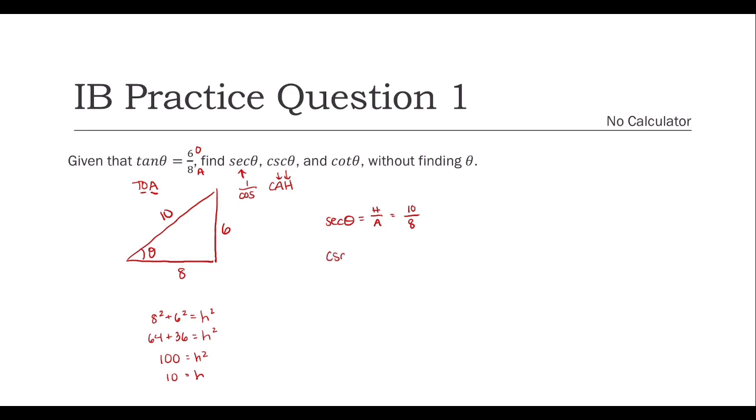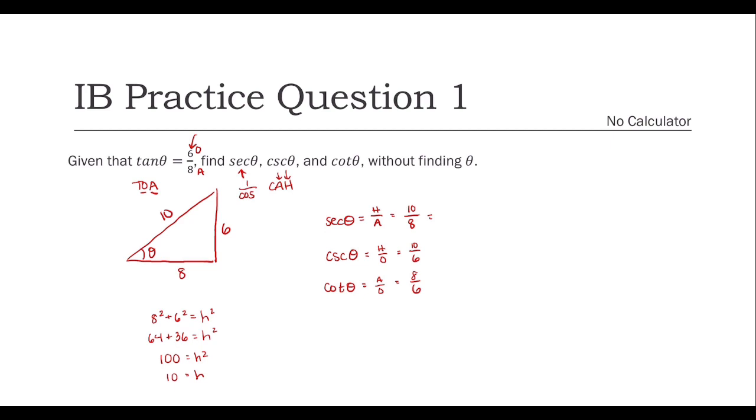Our cosecant theta is 1 over sine of theta. So it would be our hypotenuse over our opposite, which would be 10 over 6. And then our cotangent of theta is going to be 1 over tangent of theta. So it'll just be reversed of this. So it'll be adjacent over opposite. So 8 over 6.